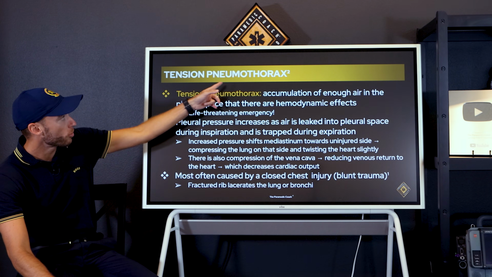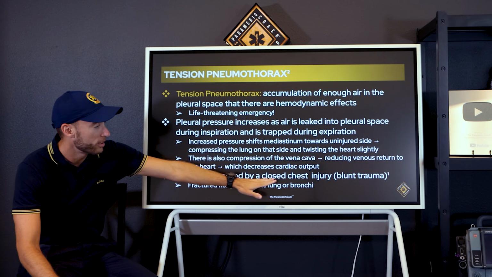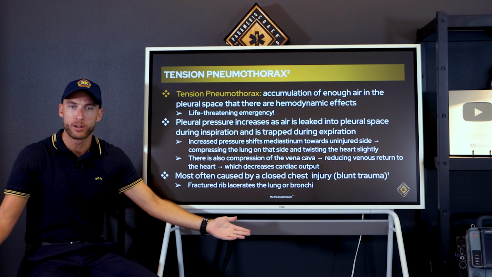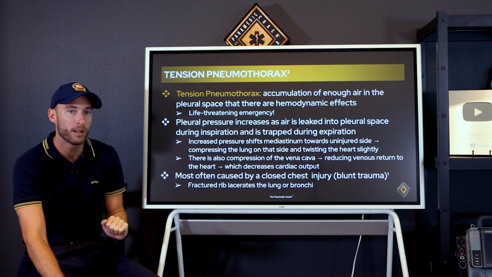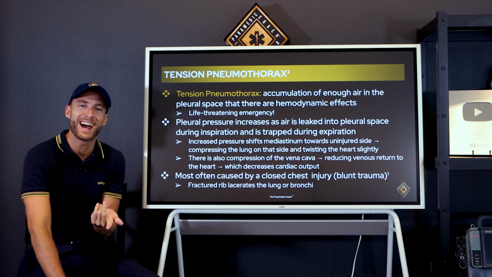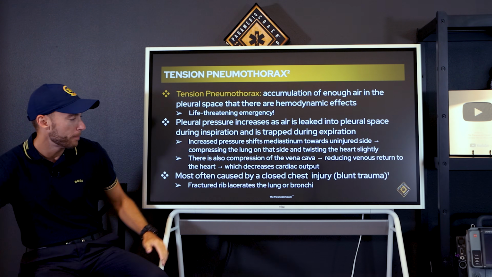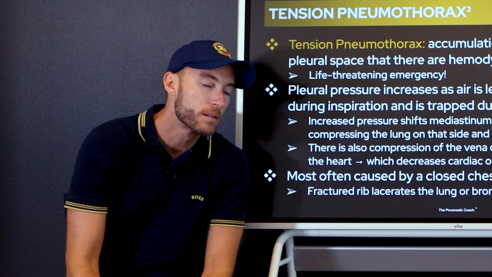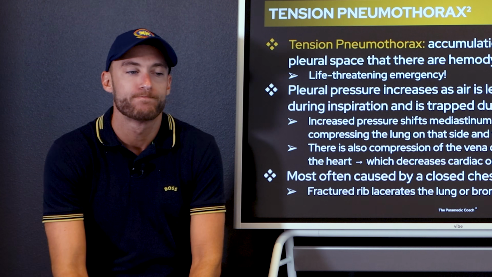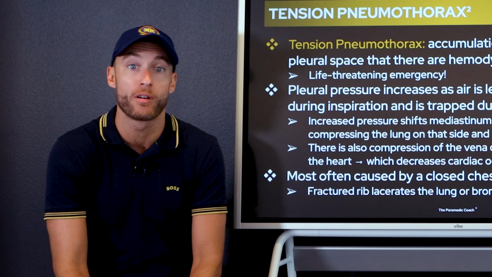And that's how we end up in obstructive shock. Now, tension pneumothorax is most often caused by a closed chest injury. We talked about a way it could be penetrating, but again, most commonly it's blunt. Why is that? My example was different. Let me explain. If we get a pneumothorax and it's a blunt injury, the air really has nowhere to escape whatsoever.